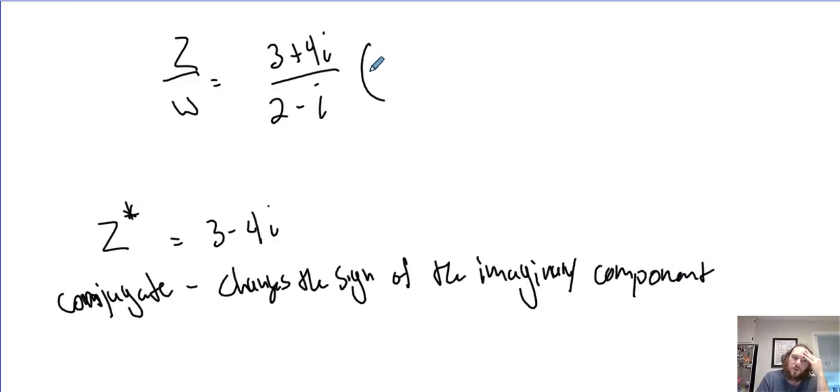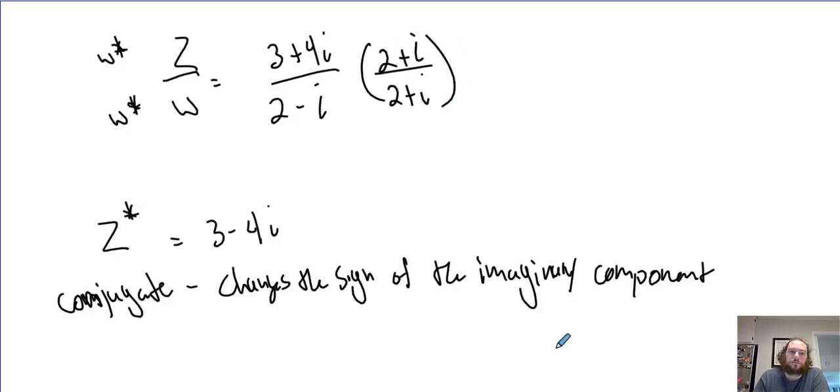There we go. So if I wanted to do this, I'm going to want to multiply w by its conjugate, but also multiply z by the conjugate of w as well. So we're going to multiply this by 2 plus i over 2 plus i.